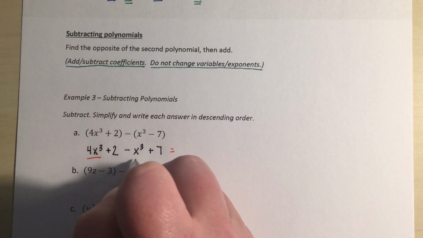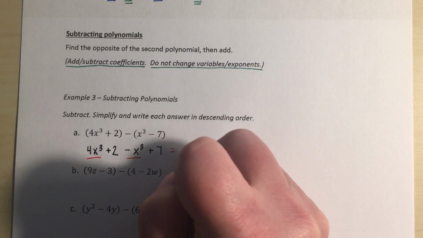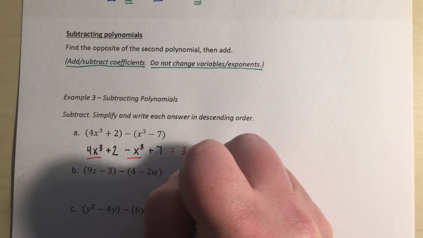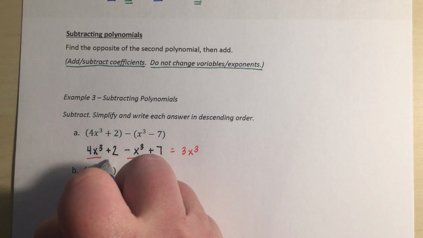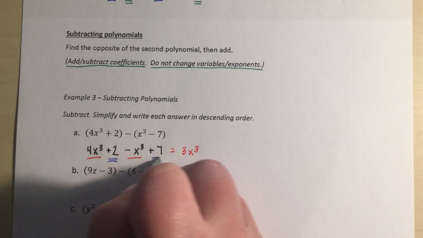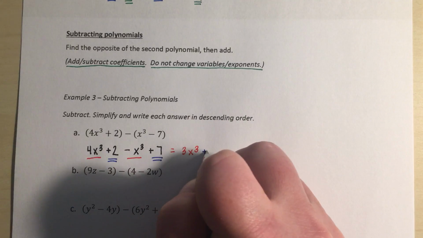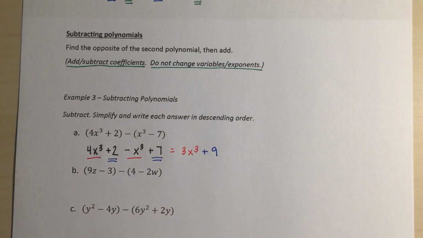Right, so 4x cubed and a negative x cubed is going to give us a 3x cubed. A positive 2 and positive 7 is going to give us a positive 9. All right, for b, we're going to do the same.